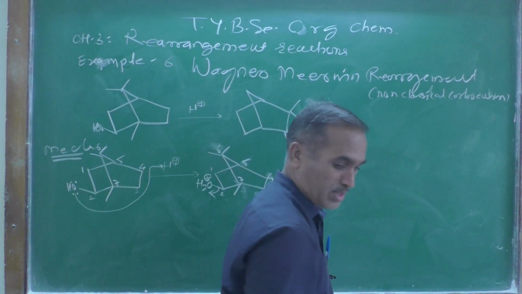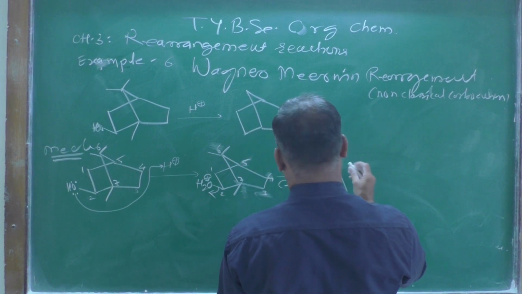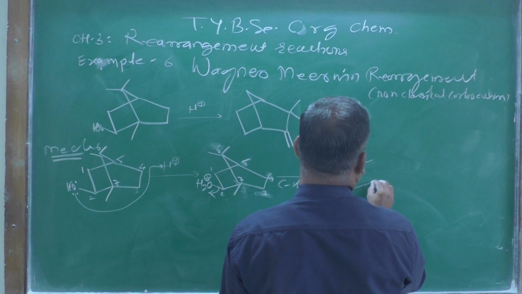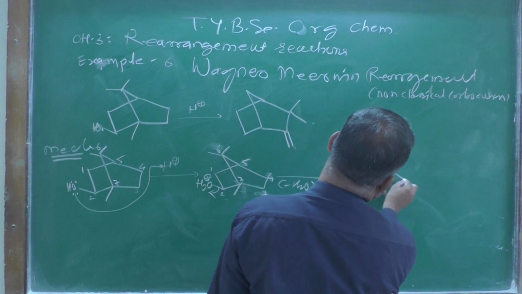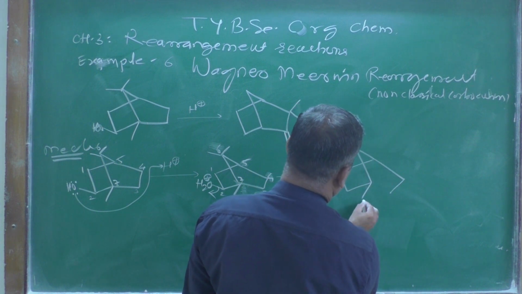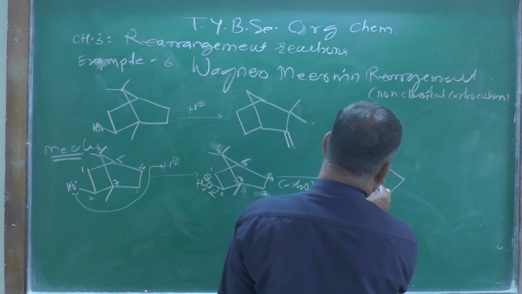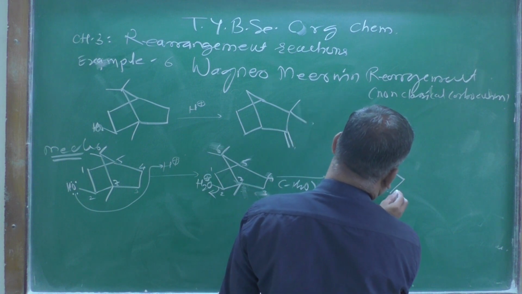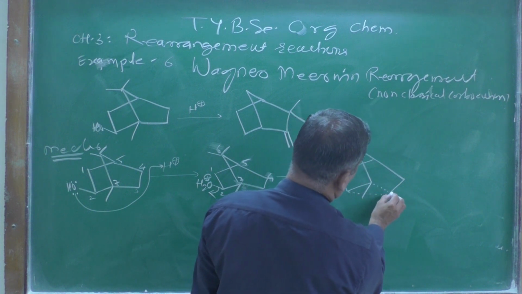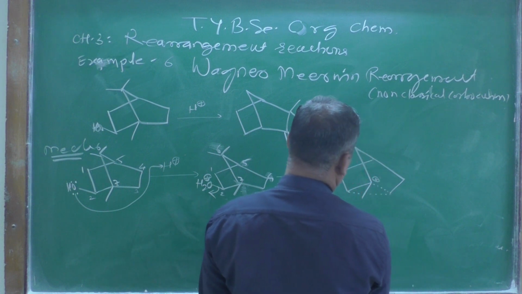Non-classical carbocations are formed here. How it is forming a non-classical carbocation, I am trying to show over here. Look at this, this is a methyl group, and from where the hydrogen atom is going to break, and this is a dotted bond; this bond is going to migrate over there, and this bond is going to form, and so positive charge comes on it.